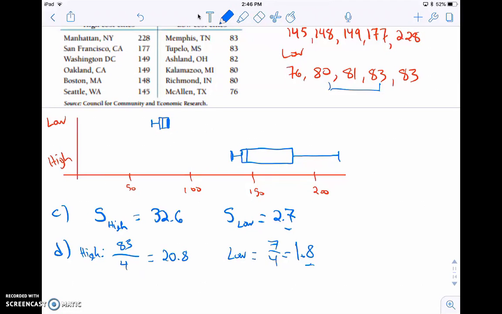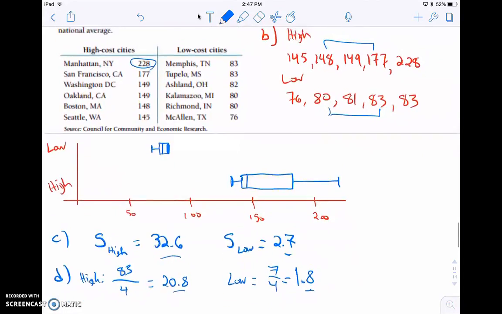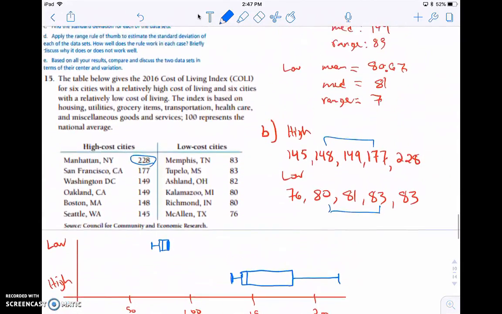We're off by 0.9, but the higher is quite a ways off, and notice that is because of the Manhattan outlier that really pulls away the mean, and it throws the range out really wide, and that's going to affect your standard deviation greatly. So they're not the best measures, but again, they're quick measures.